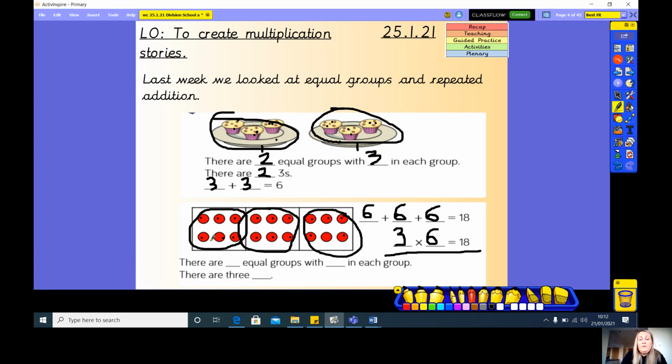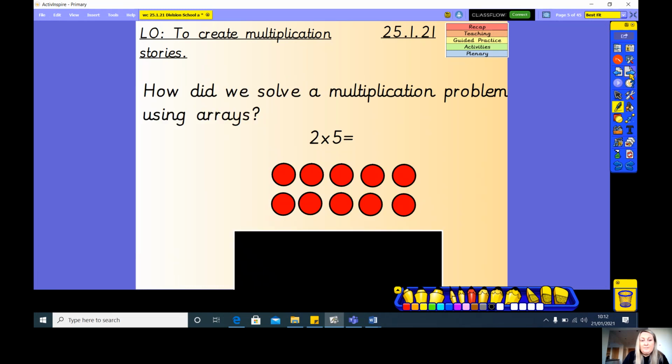Well done. So if we were writing this as a word sentence, we would say there are 1, 2, 3 equal groups with 1, 2, 3, 4, 5, 6 in each group. 3 equal groups with 6 in each group. There are 3 6s. Excellent if you got that right.